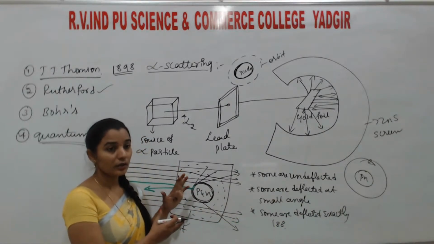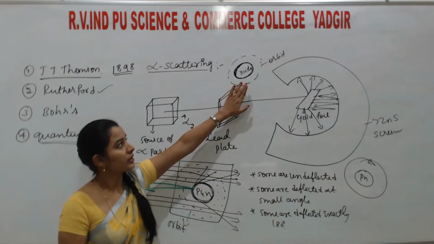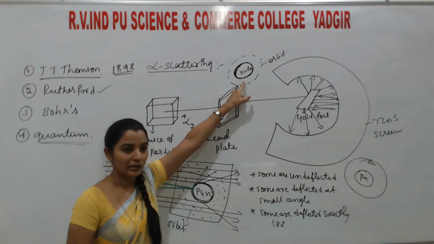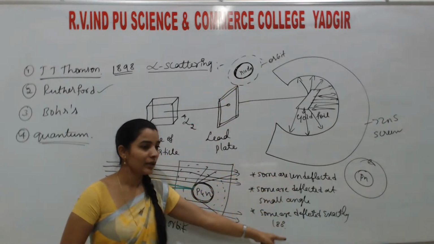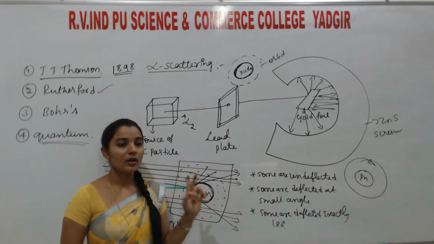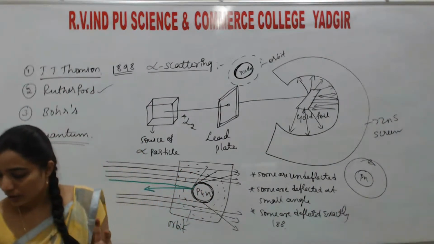Okay, this is the conclusion, and that is the final result. Because the atom is like this, that's why we get this type of result. Understood? So this is the second atomic model of the atom.